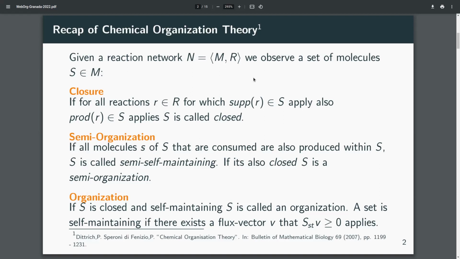So given a reaction network N made up of molecules M and reactions R, we observe a subset of molecules S and want to define just these three concepts.